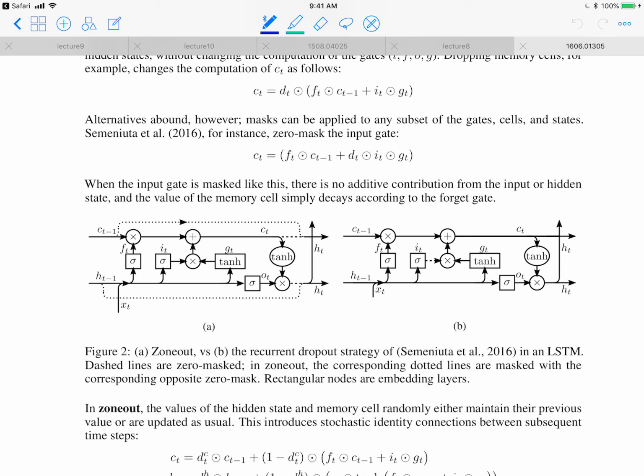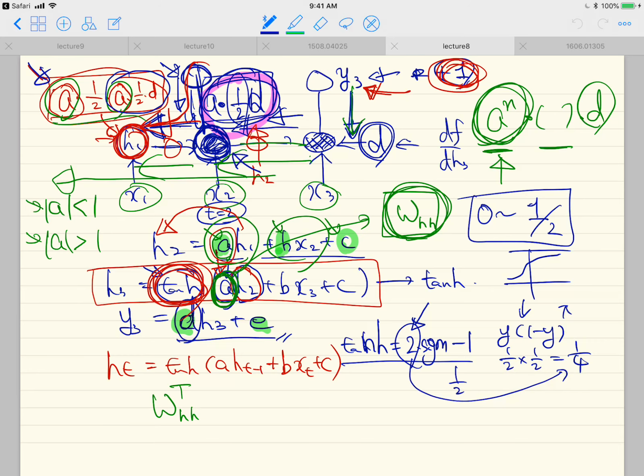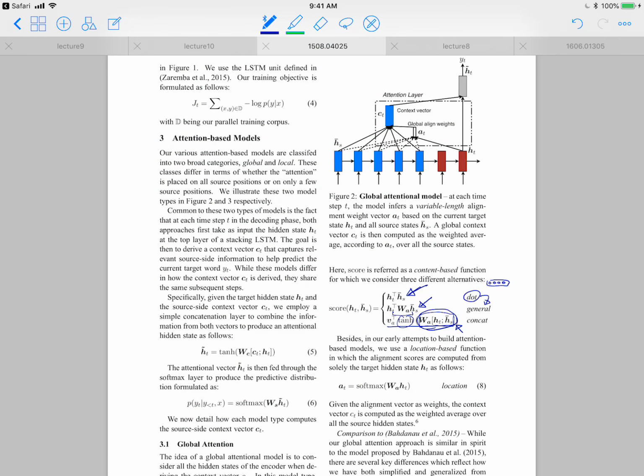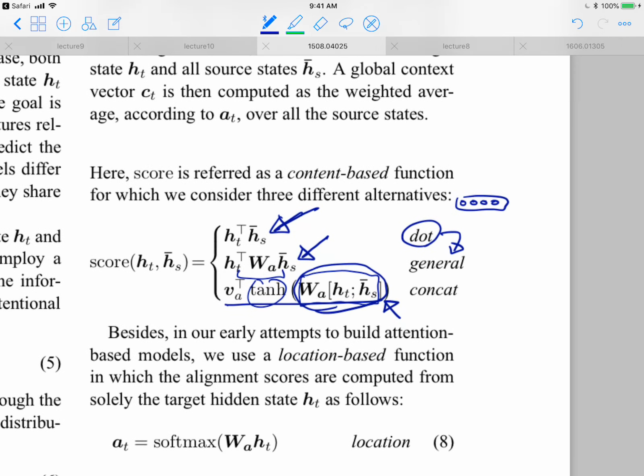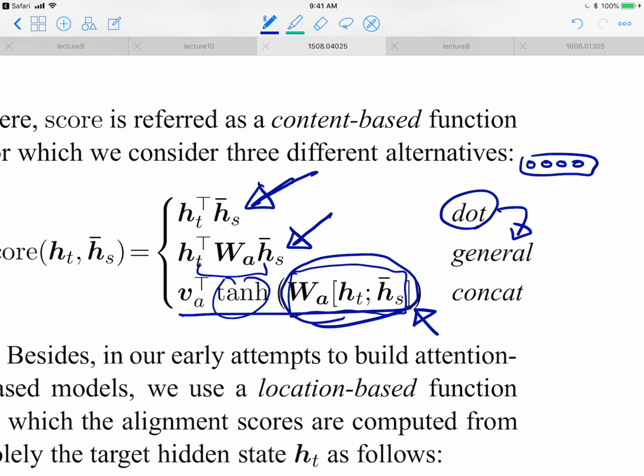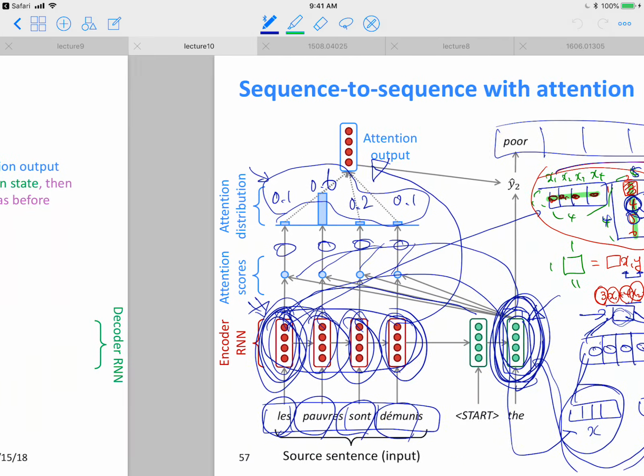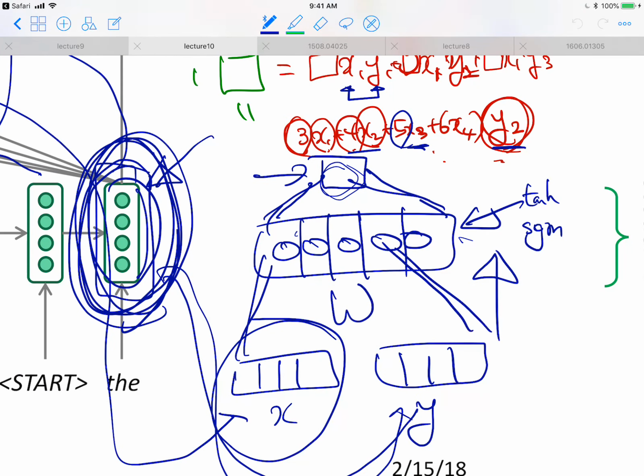Okay, so let's continue. So yeah, let me clarify one more thing here. In this last item, HT and HS and WA, this WA is represented in this linear or fully connected layer's weight, right?